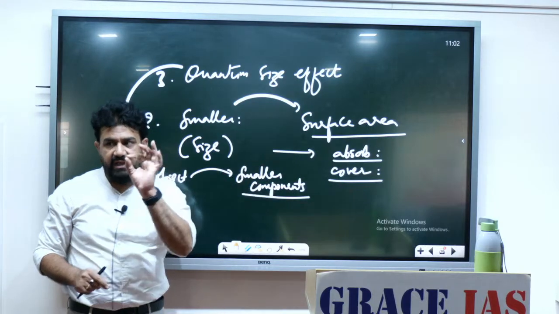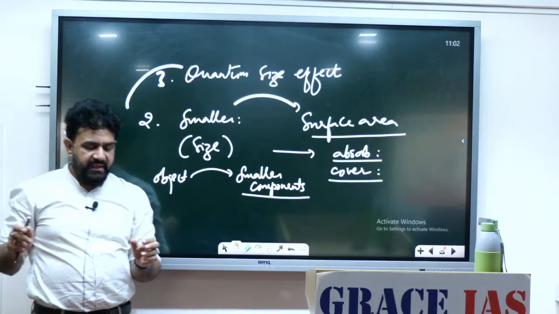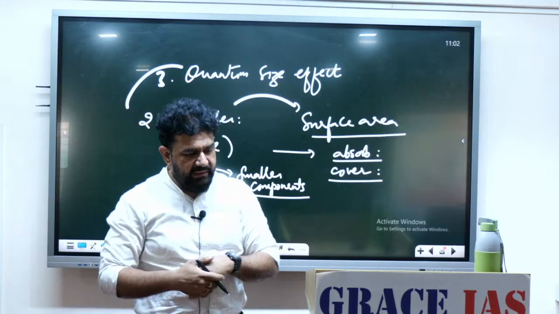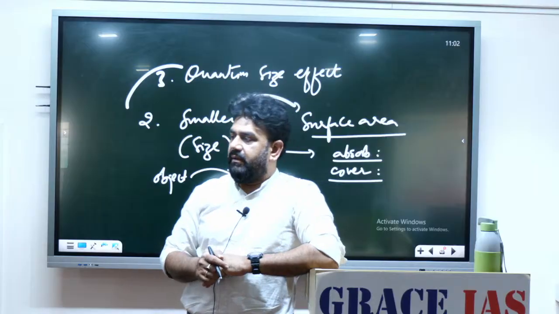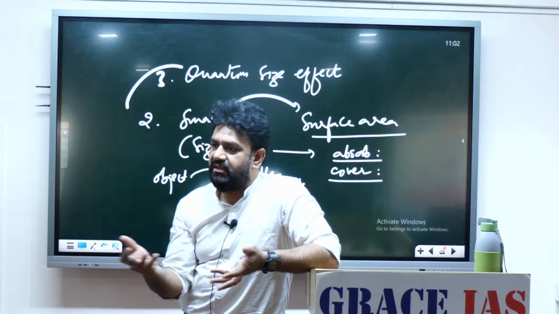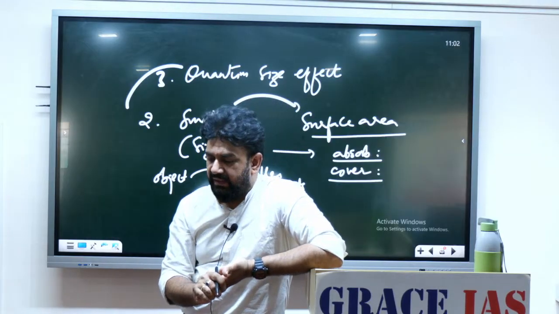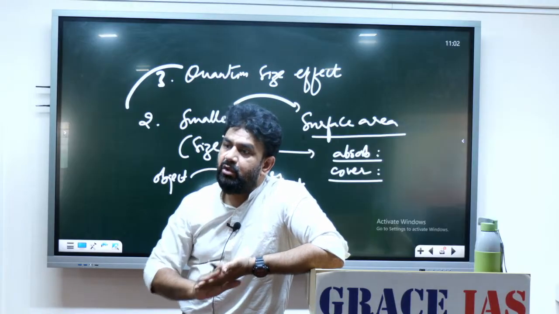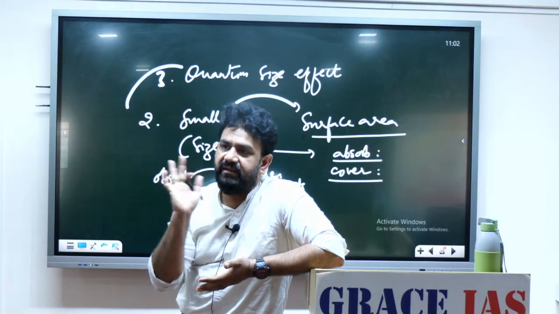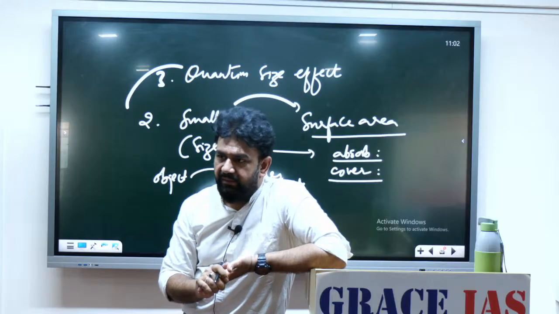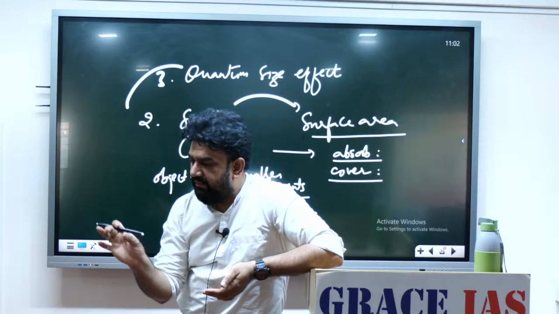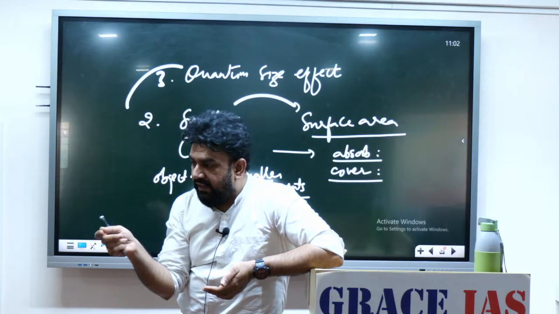That is one. For example, say you have a silver plate, argentum. You want to cover it with gold covering. People do it. So you need certain grams of gold. You have to melt it.